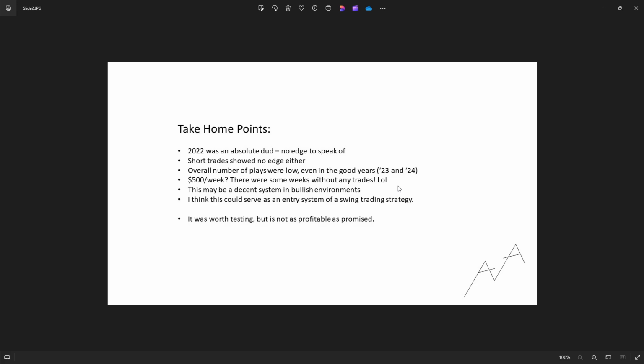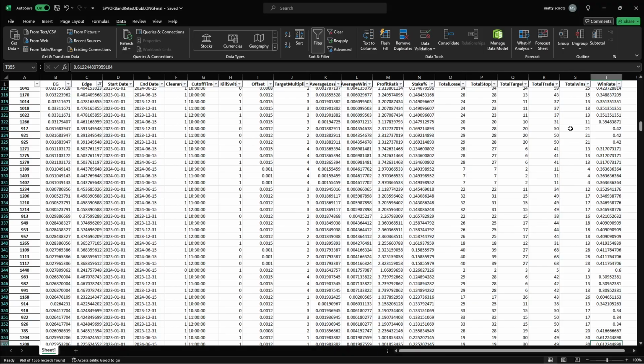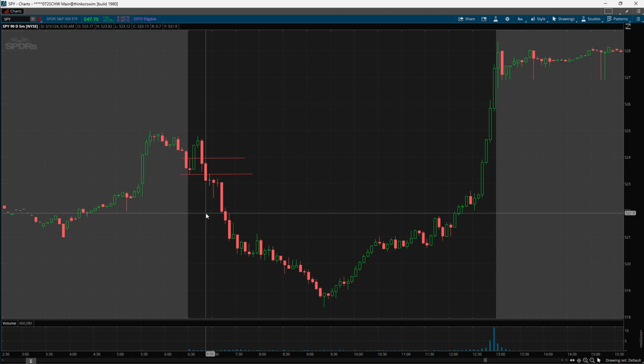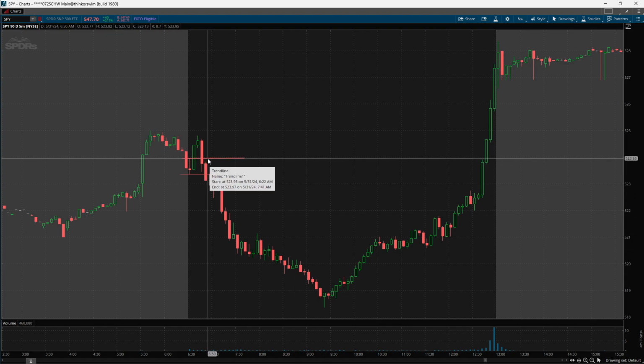Which brings up the next bullet: I think this could serve as an entry system for a swing trading strategy. You look at the data and see total trades are pretty low. But if you're holding these trades for multiple days or even weeks because you got a hell of an entry, I mean, if your risk here is, let's call it $1, from 524 down to 523, we'll just say it is.